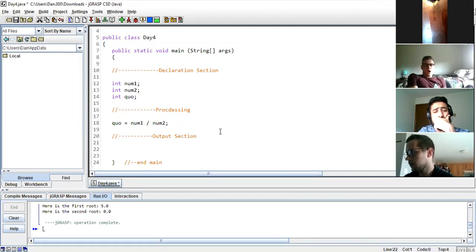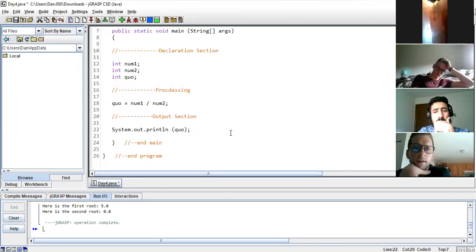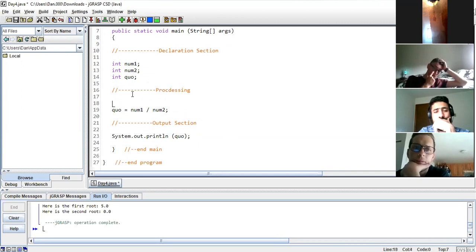And when I go and display quo, somebody's going to tell me what the output is. System. I run this program, what will I get for output? Anybody? We didn't give the num1 and num2 values.